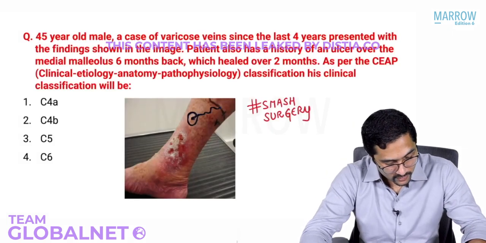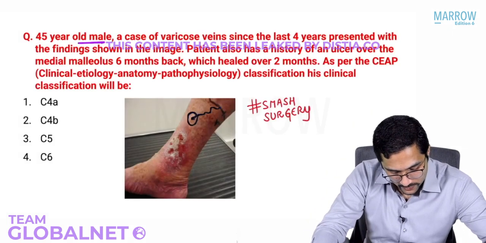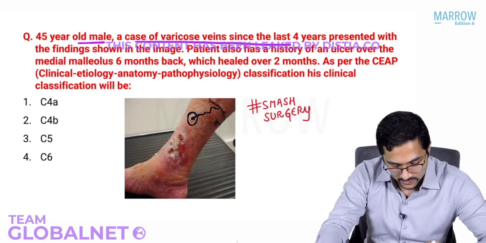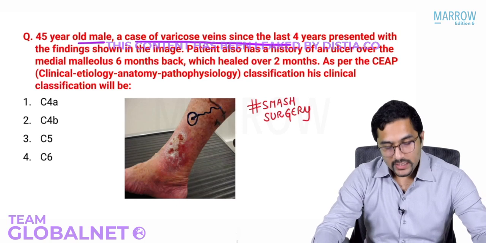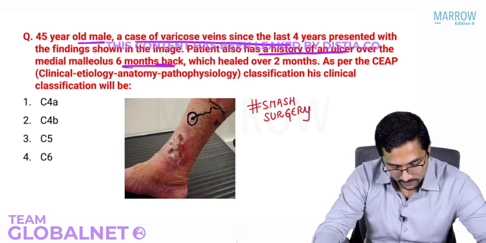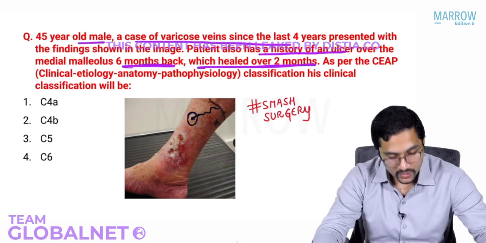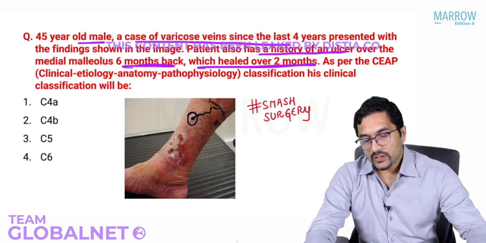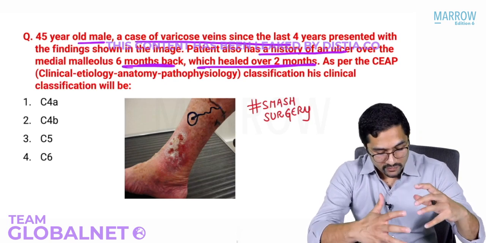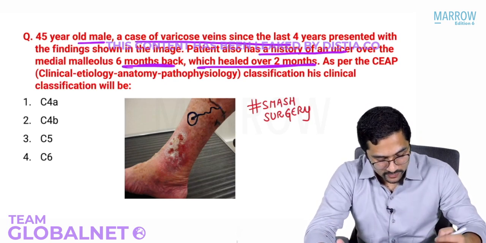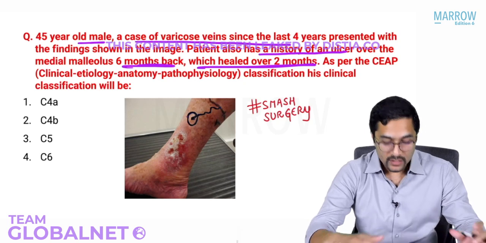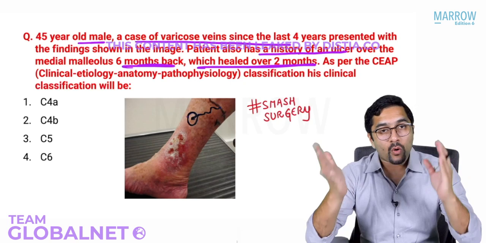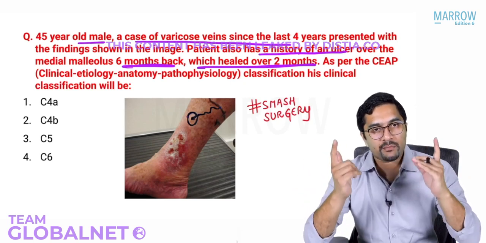A 45-year-old male with a case of varicose veins since last 4 years comes with the image shown below. Patient has a history of an ulcer 6 months back, which healed 2 months back. So according to the CEAP classification, what will be the classification for this patient? Always remember, when you see multiple findings, so you can see pigmentation, you can see the varicose veins, you can see a healed ulcer, whenever there are multiple findings, we will always choose the highest possible value.